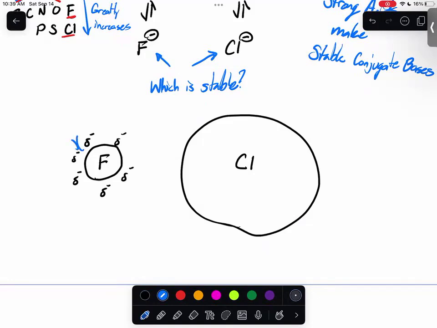And this gives us repulsion from being near, right? And so this repulsion, as we know from talking about stability previously, is unstable. If we compare this to chlorine and we want to distribute the same charge, so the same six partial charges, we would distribute them more like this.